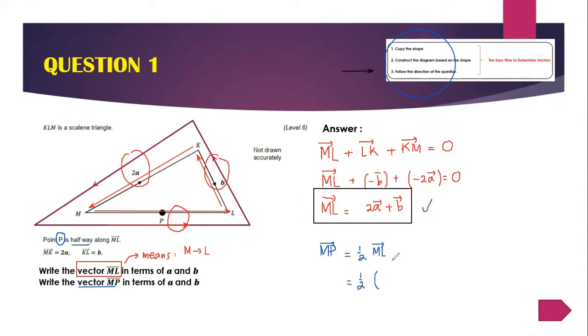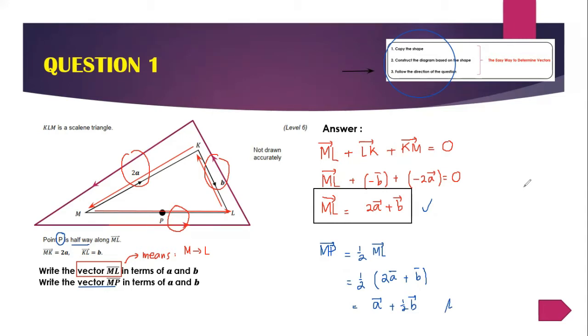Here you are, right? 2a plus b. So the final answer is a plus a half b. Okay, is it clear? This is factor MP. Is it clear to you, everyone?